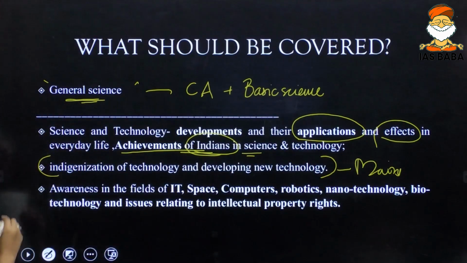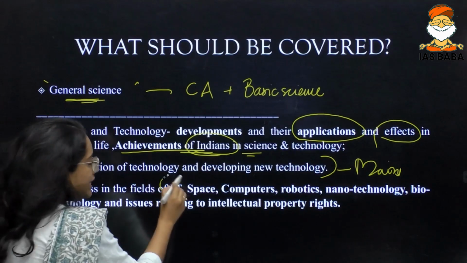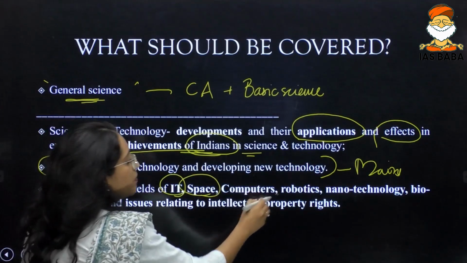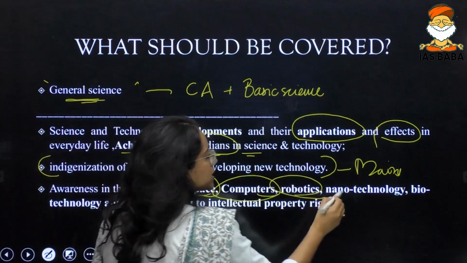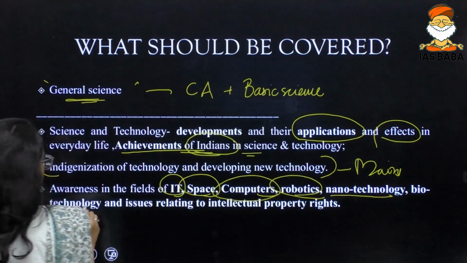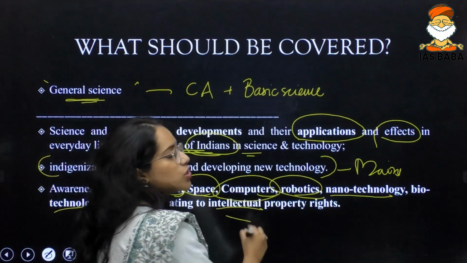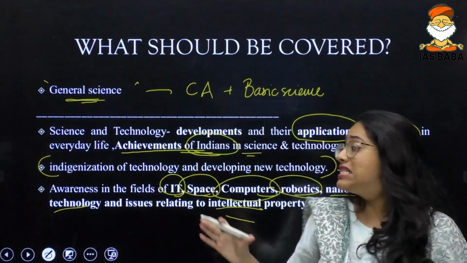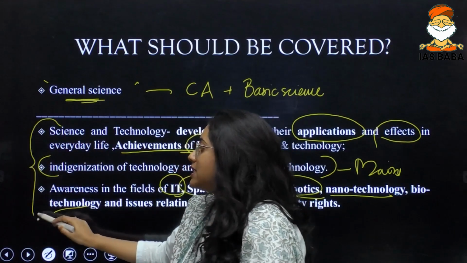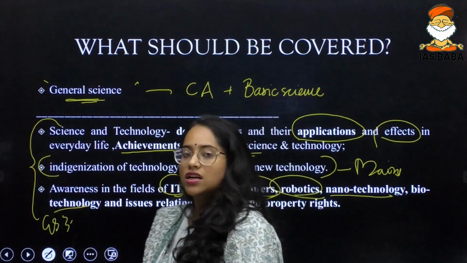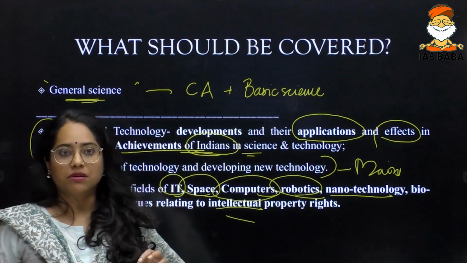And then you have awareness in the fields of IT, space, computers, robotics, nanotechnology, biotechnology, and issues related to IPR. This is your GS3 syllabus as of your mains. This is taken from your main syllabus.